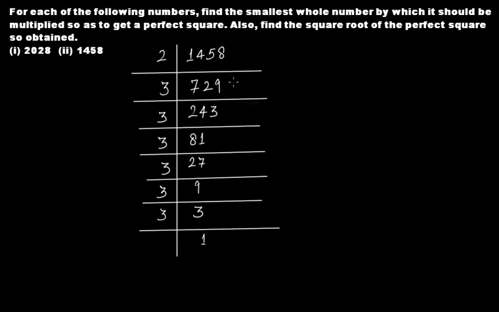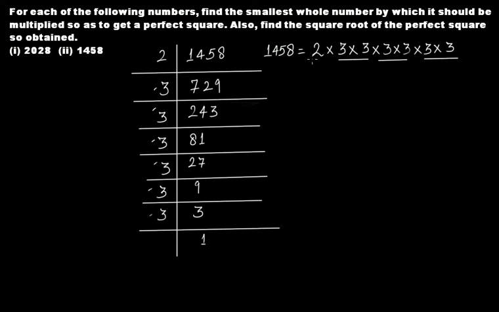Okay, so the prime factorization of 1458 is 2 times 3 times 3 times 3 times 3 times 3 times 3. So we have two different prime numbers here, 2 and 3, but the 3 has 3 pairs, right? So we have 3 pairs of 3, but 2 is not in pair.